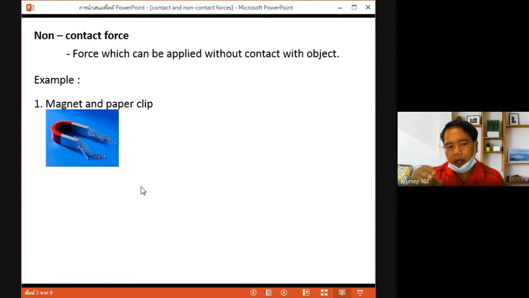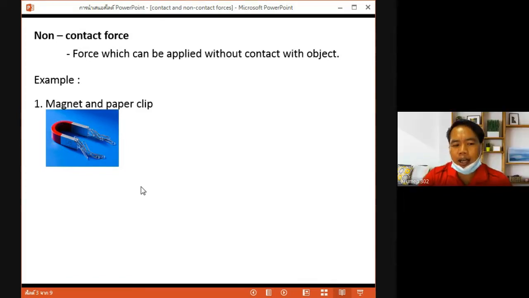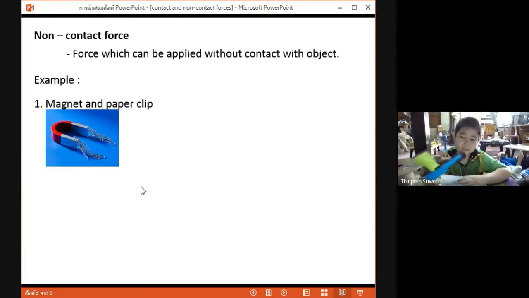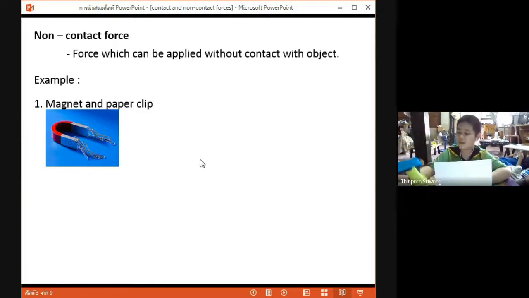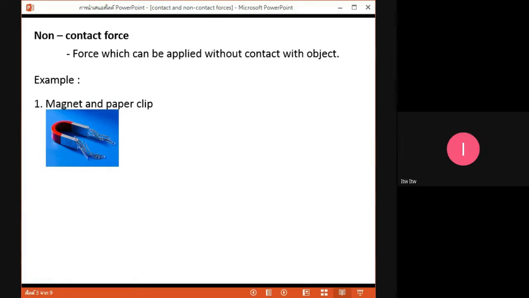How does the magnet connect with the paper clip? I know it's already time, but I'm not yet finished.